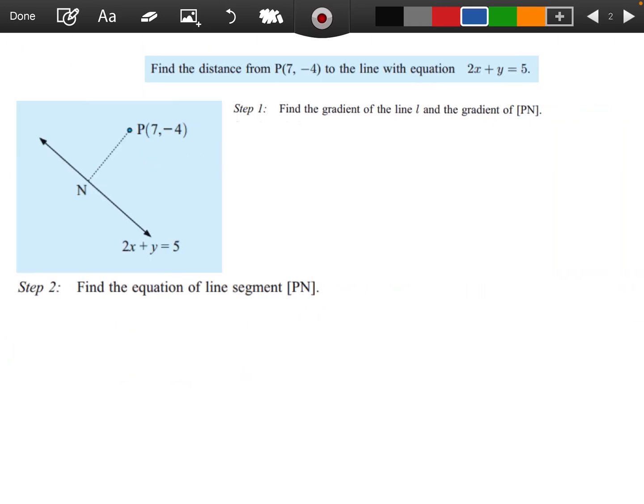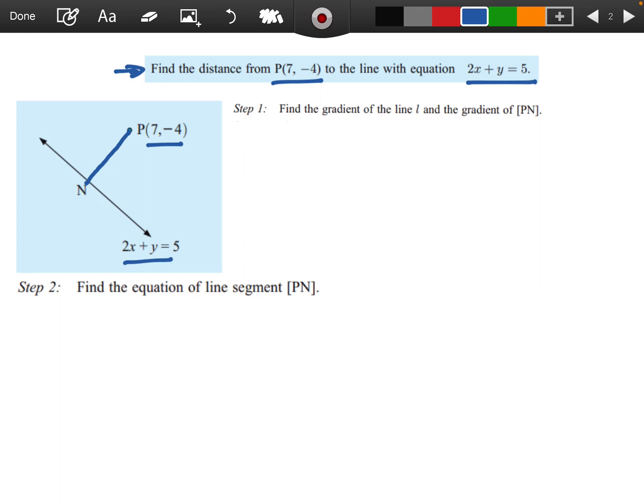Here's our question. Find the distance from point P, which is (7, -4), to the line with the equation 2x + y = 5. We have this diagrammed over here. We're trying to figure out the distance from P to N, and P has these coordinates, and the original line has the equation 2x + y = 5.